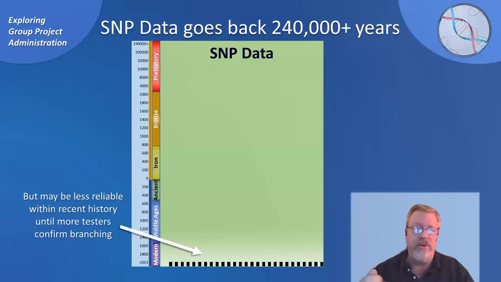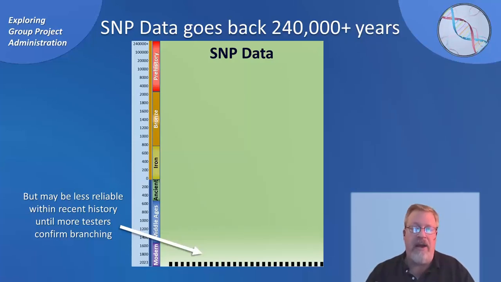If you only have one or two testers on a particular branch, and especially if the SNP testing on the important SNPs in that tester are sort of borderline as to whether or not they're positive or negative for those SNPs, the information on a block tree, for instance, can be based on a very small amount of data that can change as more testers come in. So just be aware that although SNPs are very reliable, the conclusions that are drawn from them can change.